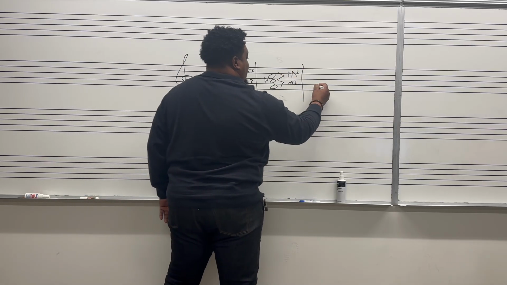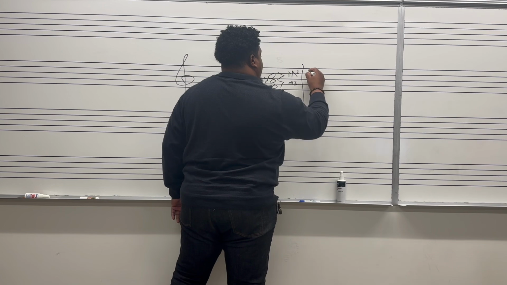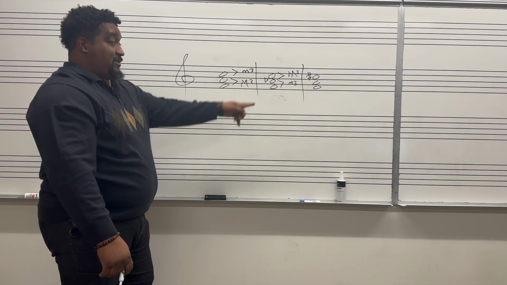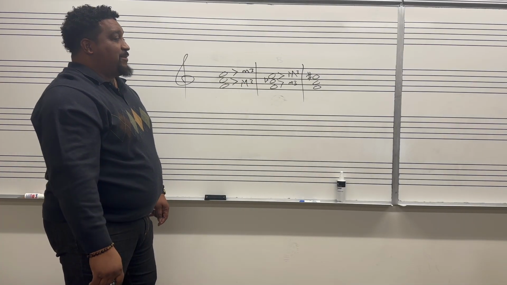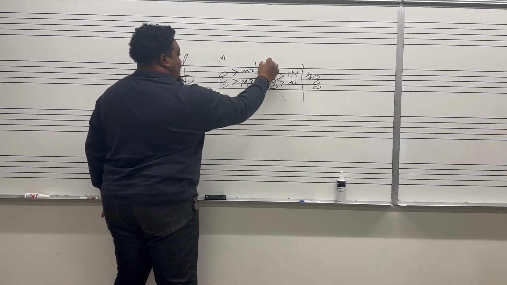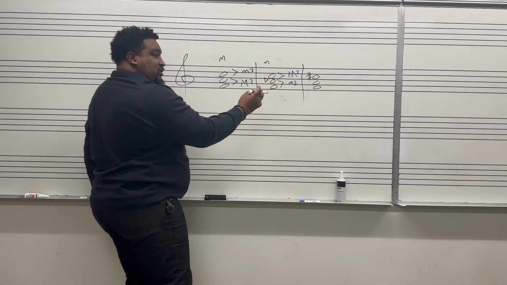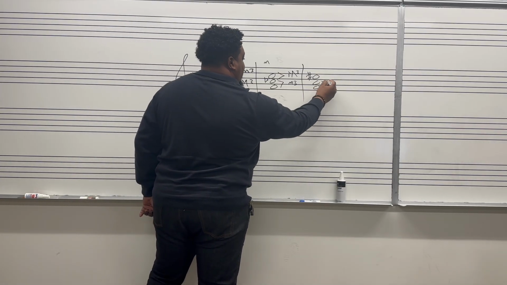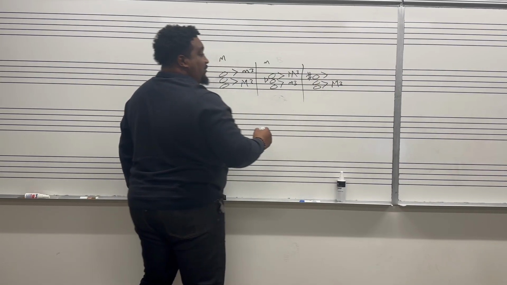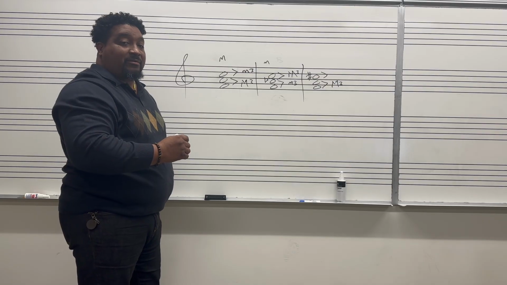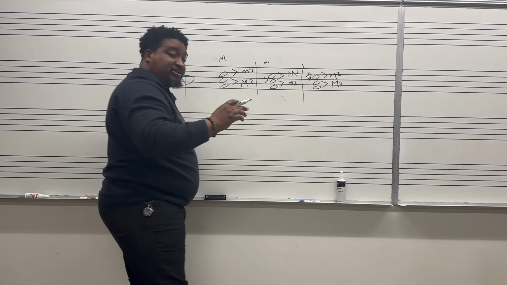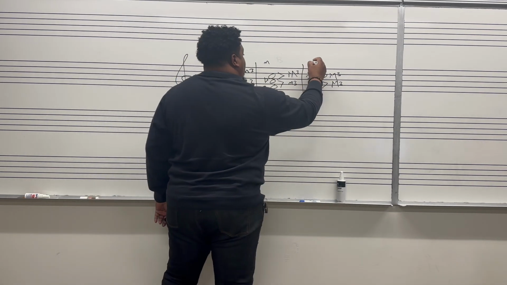If we have here, we're still on F, it's still an F chord, but what type of chord is it now? So this is major, this is minor. Now let's talk about the thirds. From F to A, that's a major third, and from A to C sharp, is that major or minor? That's a major third.